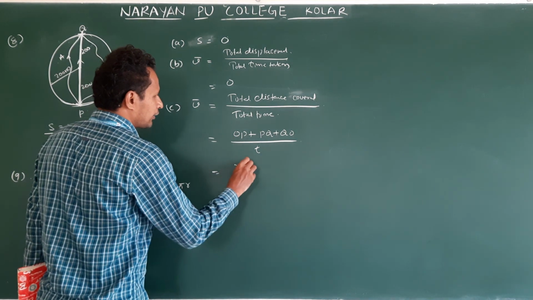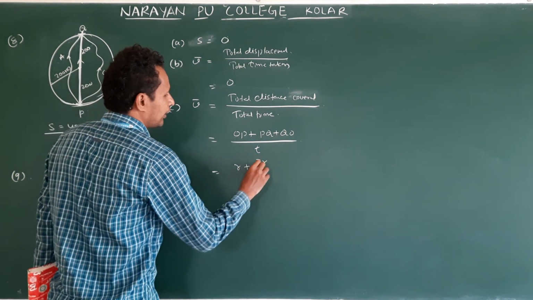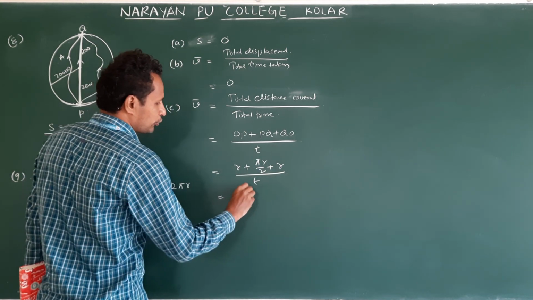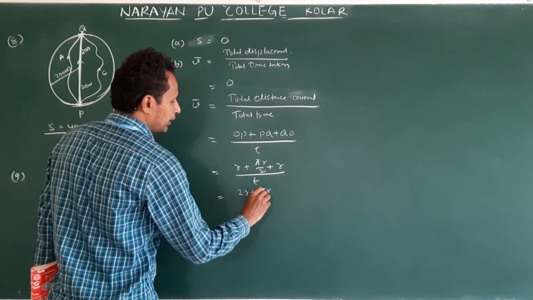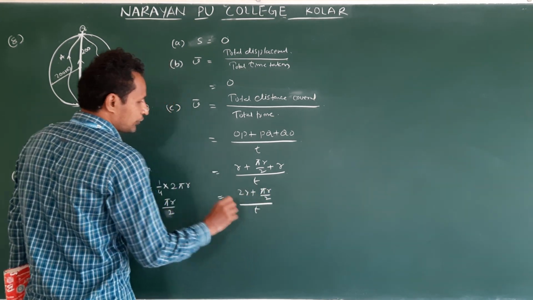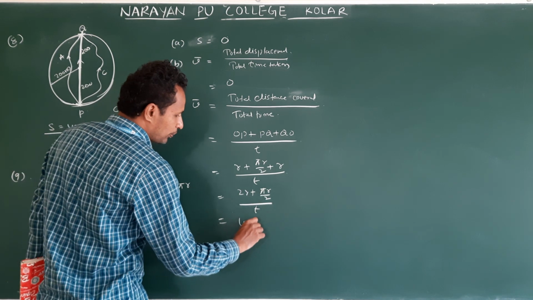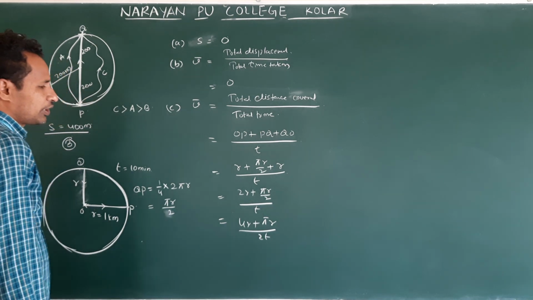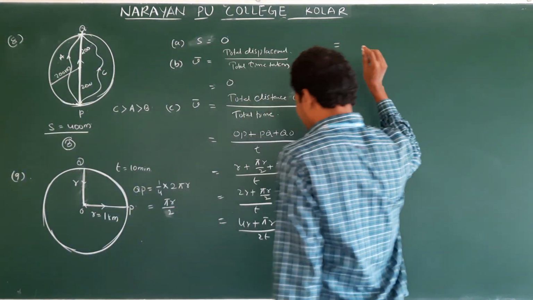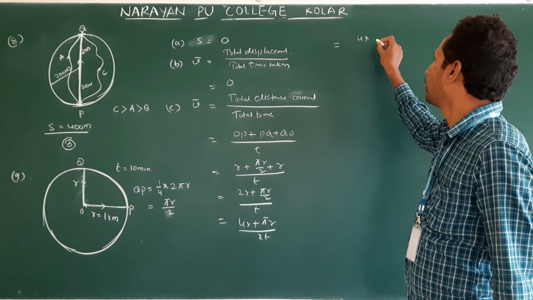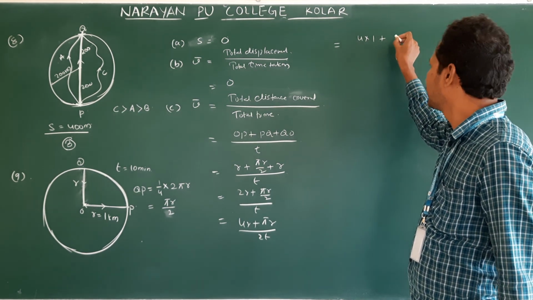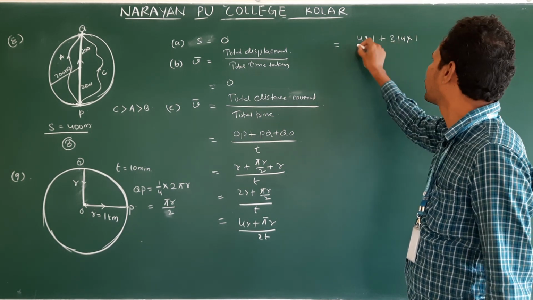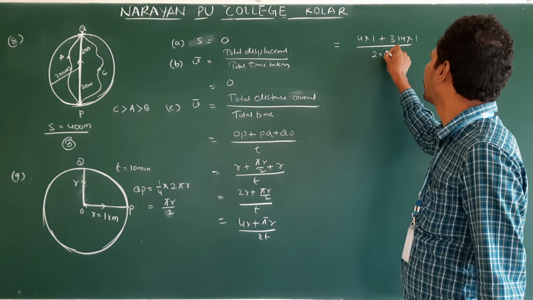Now substitute the values. OP is R, PQ is pi r by 2, plus QO is r, by t. This we will write as 2r plus pi r by 2, by t. If you take the LCM, 4r plus pi r by 2t. Clear? Now we substitute to get the answer. 4 into r value, which is 1, plus pi 3.14 into 1 by 2 into 10.